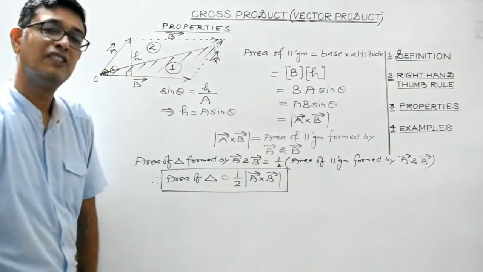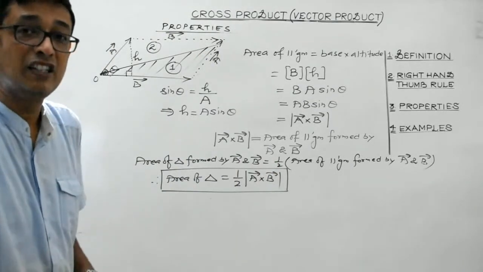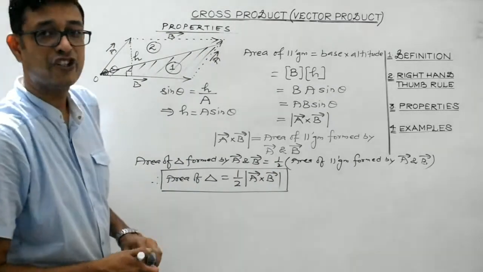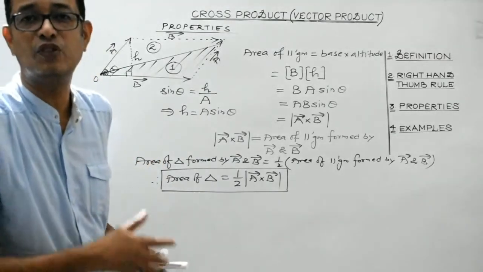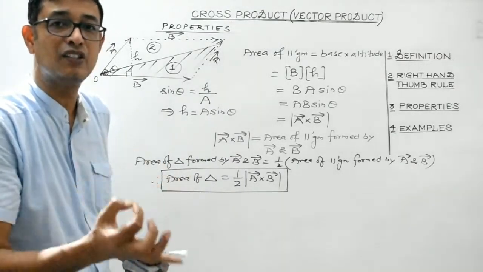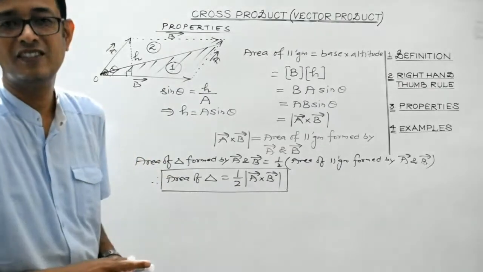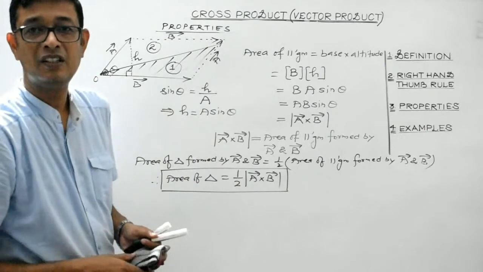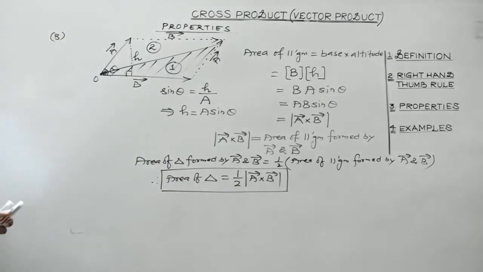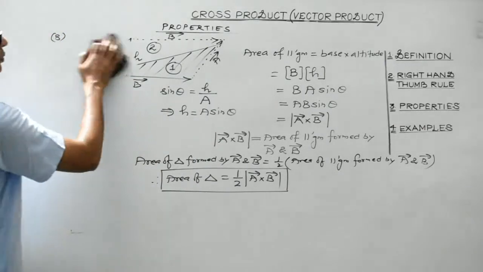So students, if A vector and B vector are given, then we can determine both the area of the parallelogram as well as the area of the triangle formed by the two given vectors. Clear? I hope you have understood the concept. So this was the 8th property. So let's proceed further then.